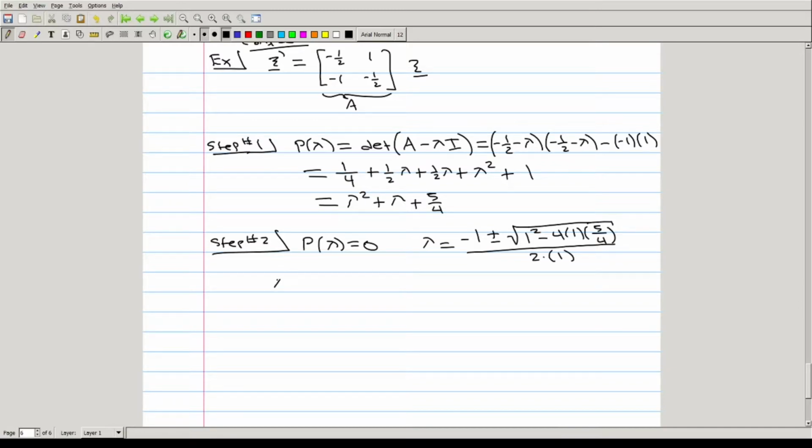So the eigenvalues will be -1/2 plus or minus 1/2 times the square root of 1 minus 5, which is -1/2 plus or minus the square root of 4 times I, because we have the negative value under the square root.